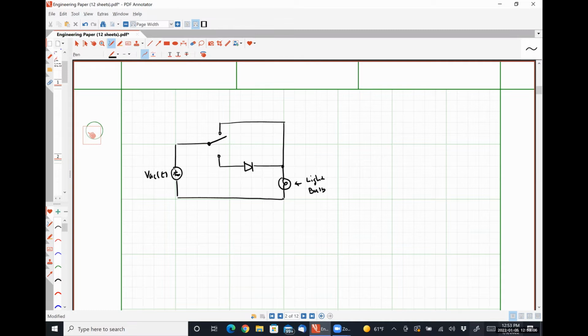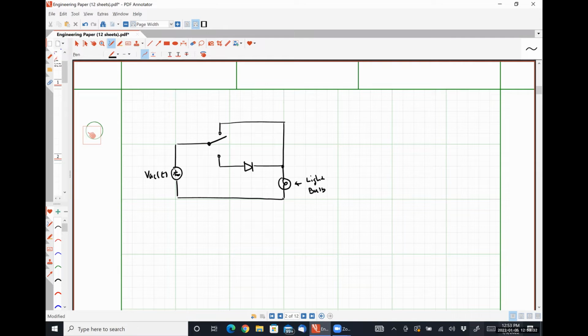So out of every 16.666 milliseconds, half of that time, the lamp isn't receiving any power whatsoever. So it's on for 8 1/3 milliseconds, it's off for 8 1/3 milliseconds. It's on for 8 1/3 milliseconds, it's off for 8 1/3 milliseconds, okay? That's still not enough time for the filament to cool down.